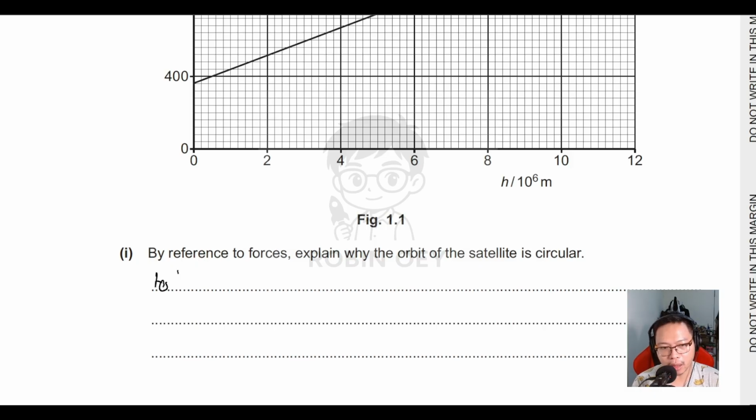So to be in circular orbit, the gravitational force, as we said just now, we need centripetal force. So who provides the centripetal force? In this case, the gravitational force.